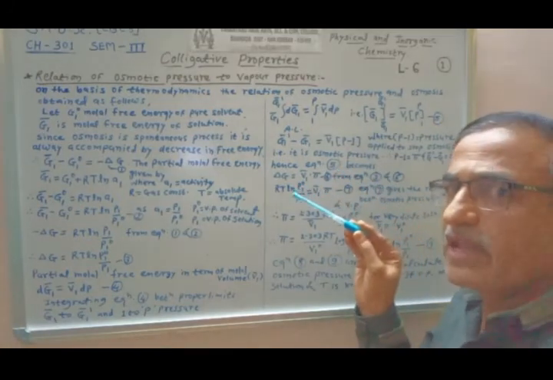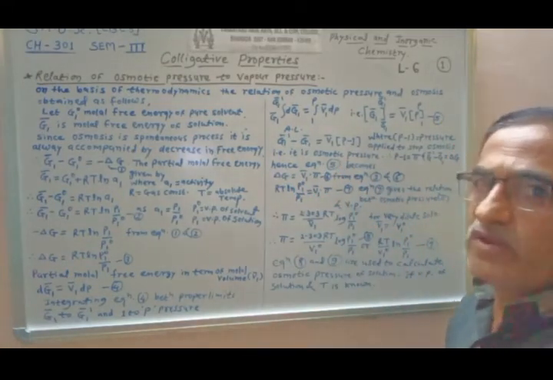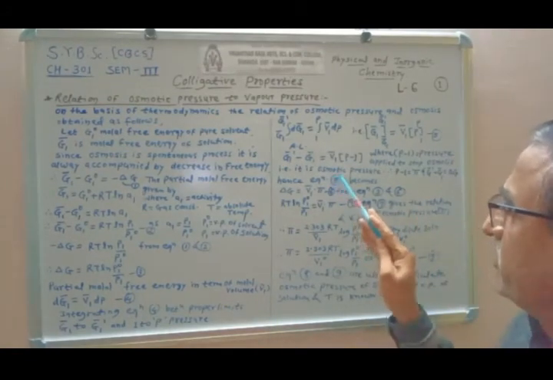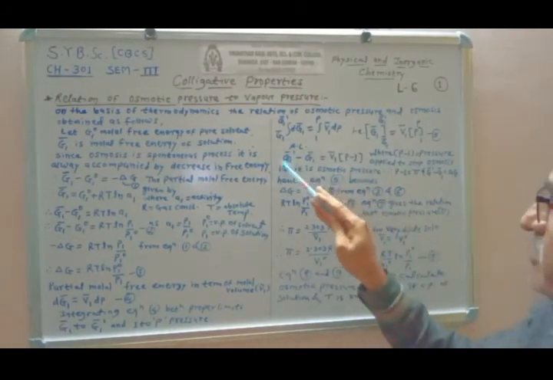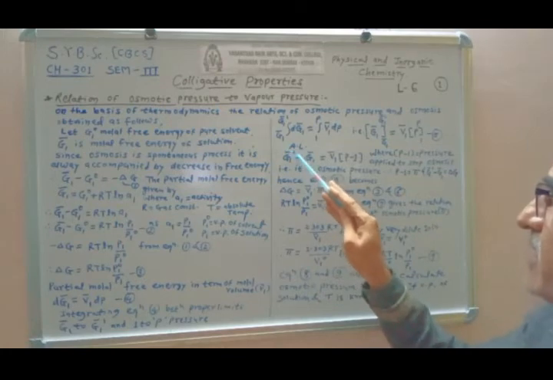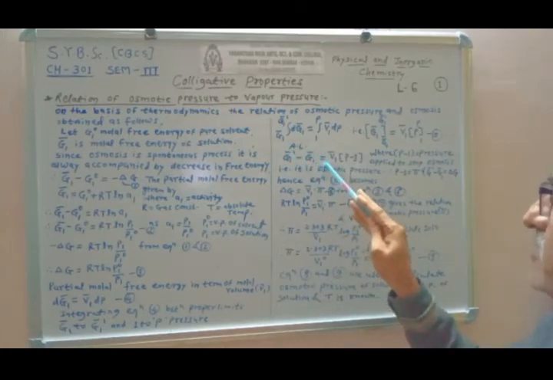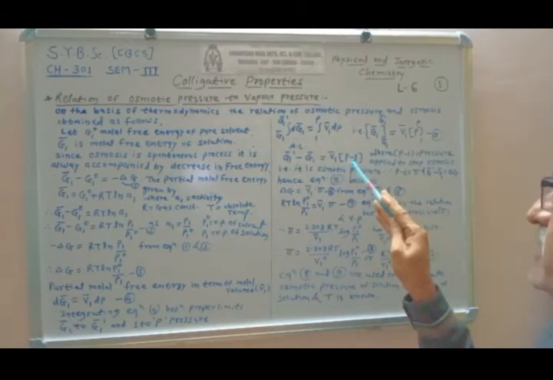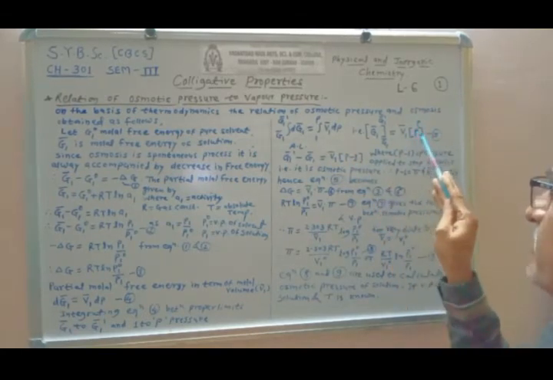Now applying the limits, upper limit minus lower limit, we have G1 dash bar minus G1 bar is equal to V1 bar into P minus 1.